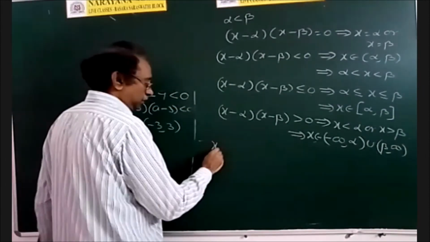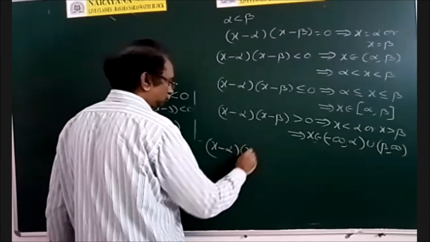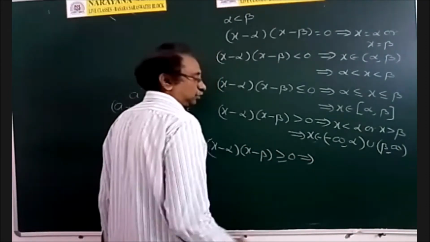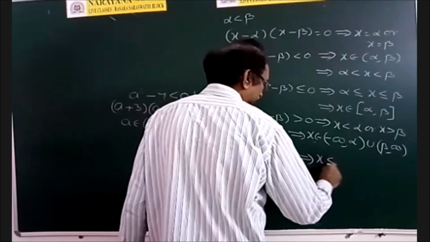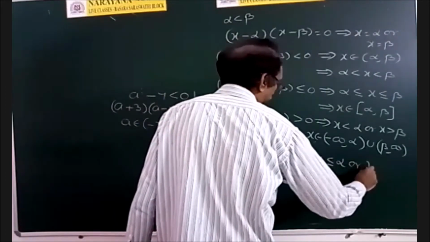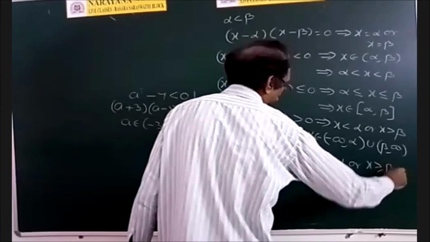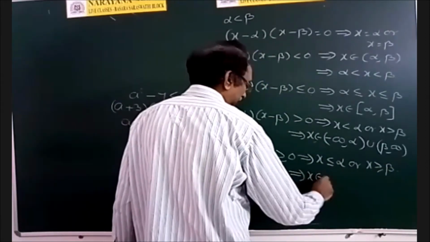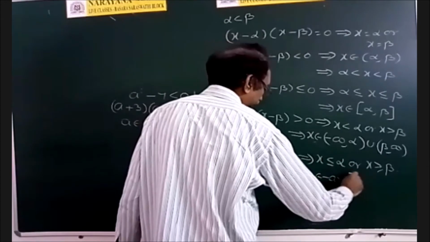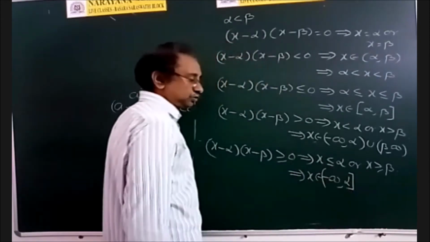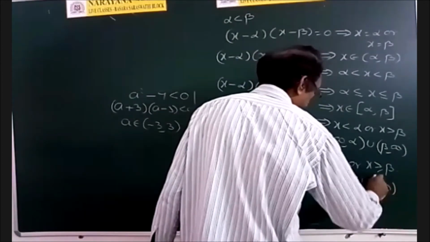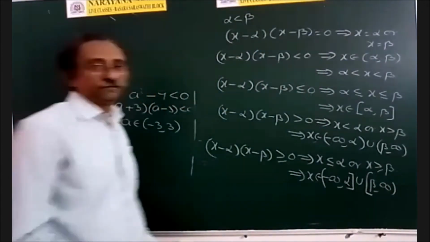Right? Now x minus alpha into x minus beta greater than or equal to 0. That is x less than or equal to alpha, x greater than or equal to beta. So that implies x belongs to minus infinity to alpha, closed at alpha, union beta comma infinity, closed at beta.